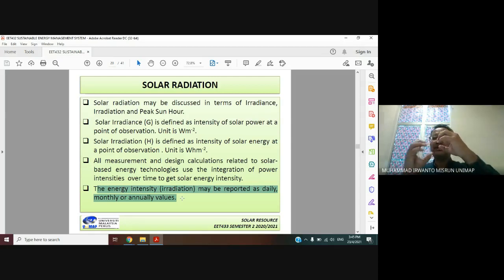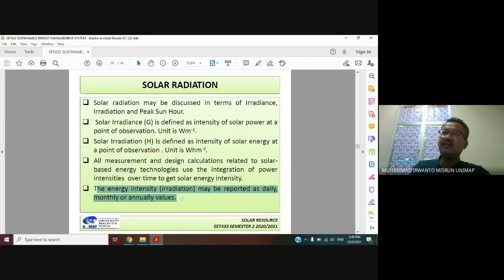Then, when the solar radiation arrives at the space of the object on the earth, its content can be divided into two parts. The first is solar irradiance.